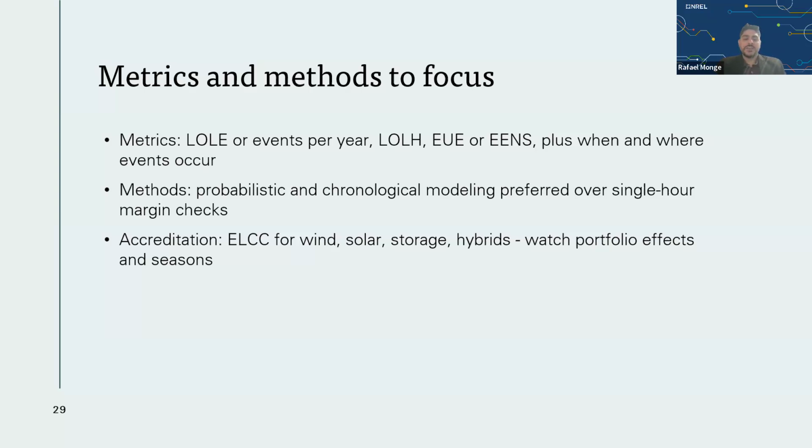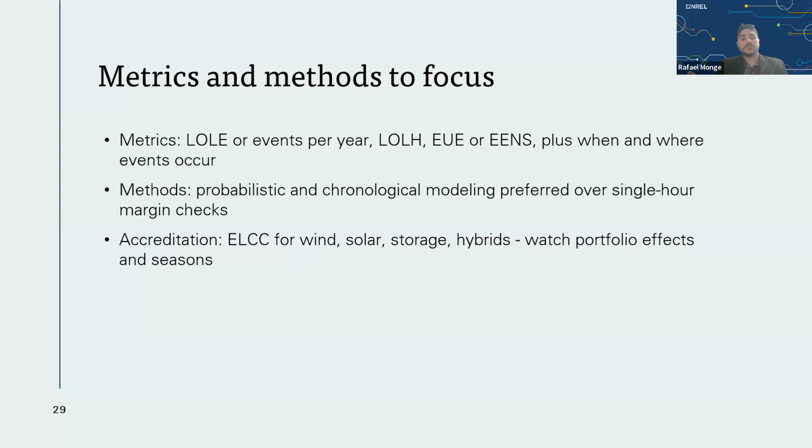Unserved energy and expected energy not served show the magnitude in megawatt hours per year of these outages. Location and season matter because remedies and costs differ. For example, winter evening risk is very different versus scattered summer events.